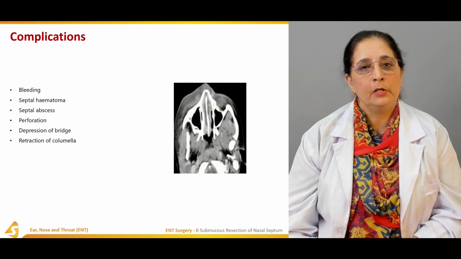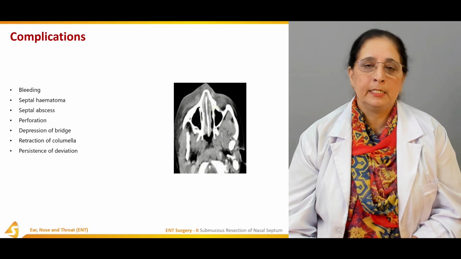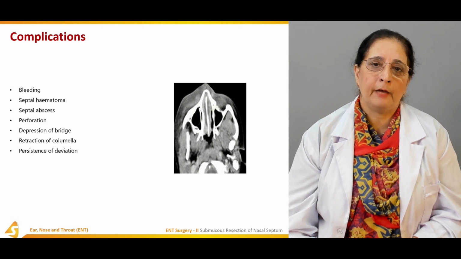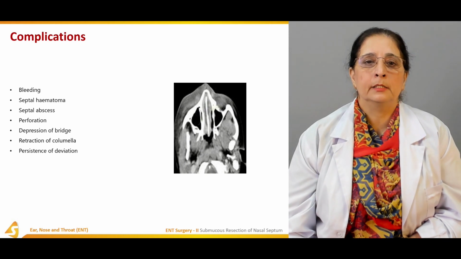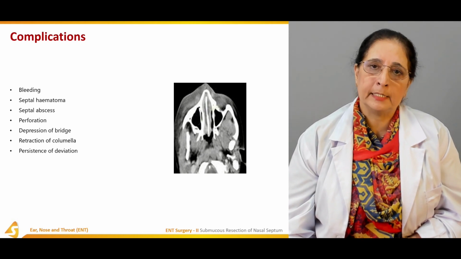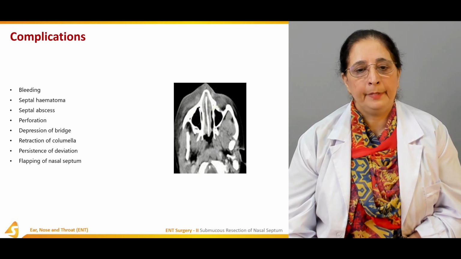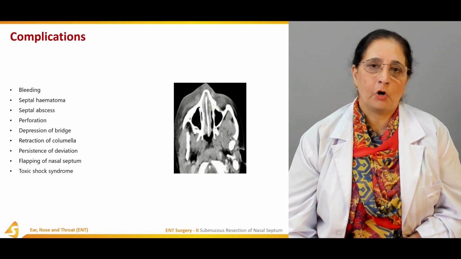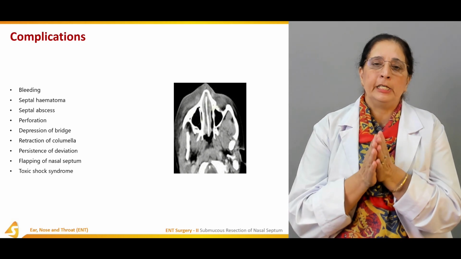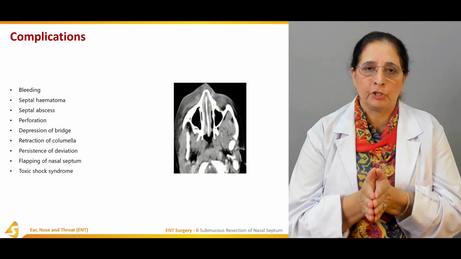Retraction of columella can also occur. Persistence of deviation even after the removal: the septal deviation cannot be corrected completely and it can persist. Flapping of the nasal septum. Toxic shock syndrome. So, a lot of complications are associated with submucosal resection.